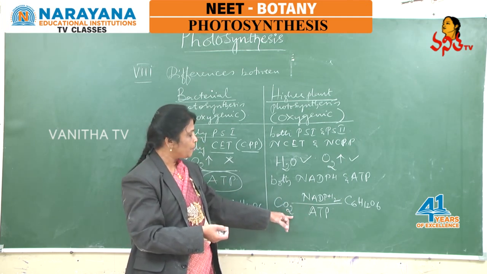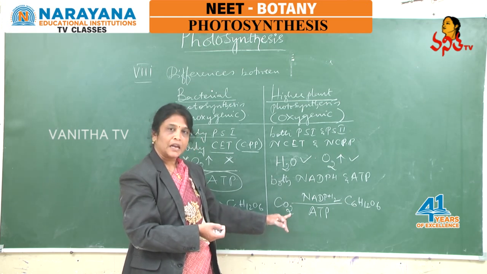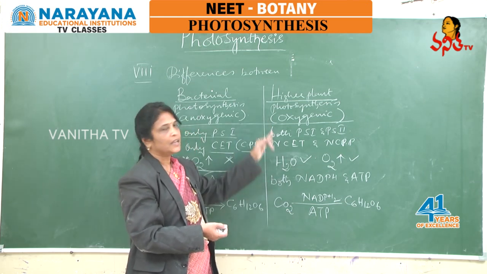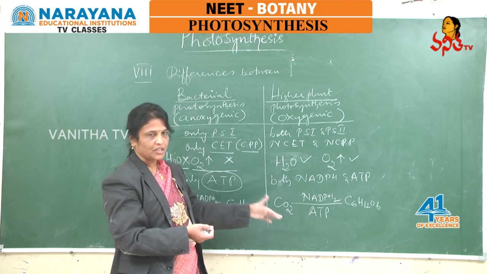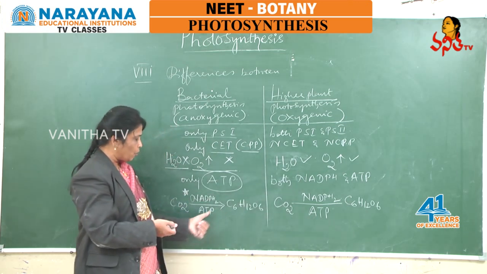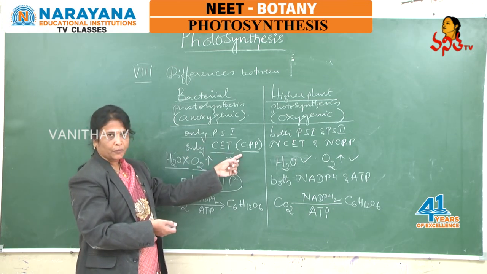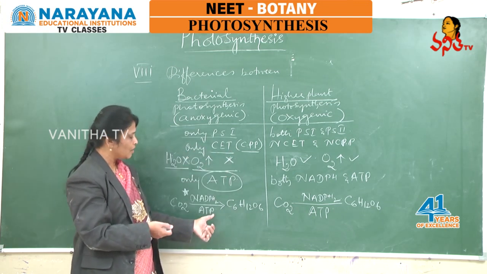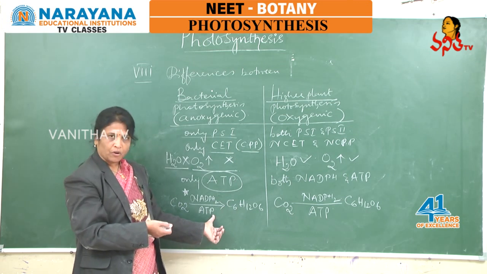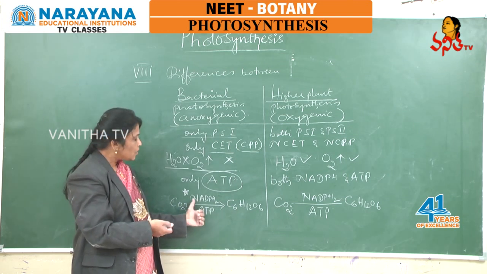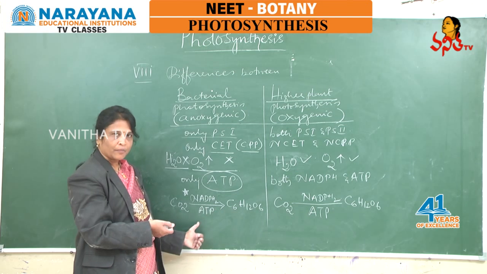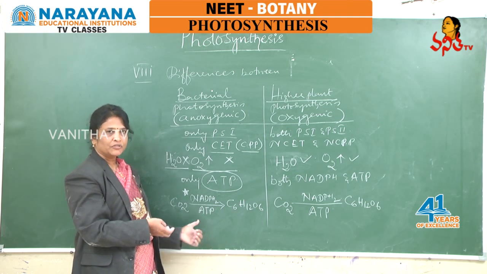So assimilatory power is totally supplied by light phase reactions in higher plant photosynthesis, that is oxygenic photosynthesis. But here the point is, during the light phase we followed only cyclic electron transport and cyclic photophosphorylation, and only ATP is the end product we observed there. Then what is the source of NADPH2 formation for bacterial photosynthesis?